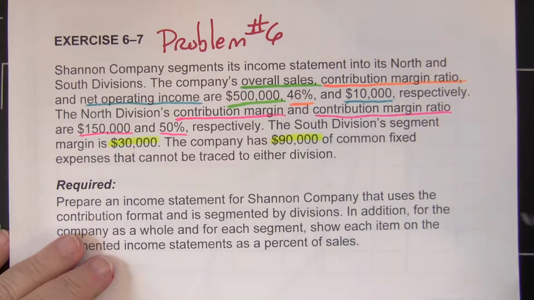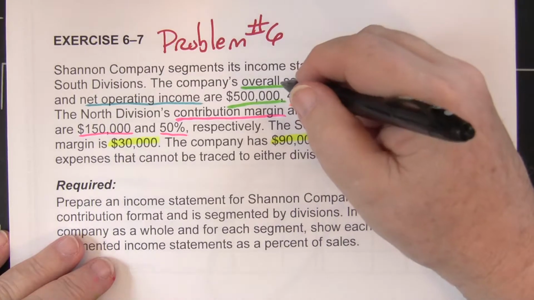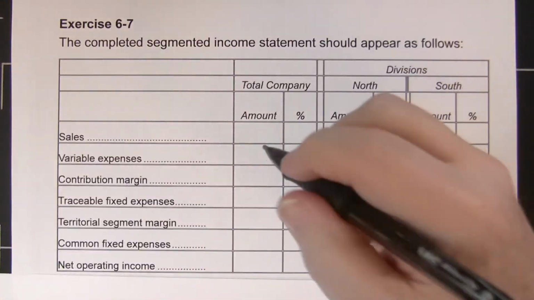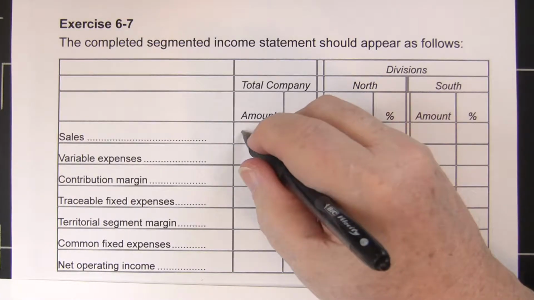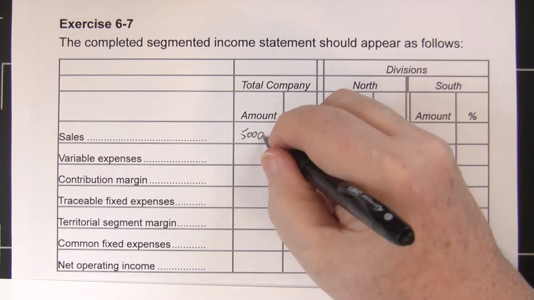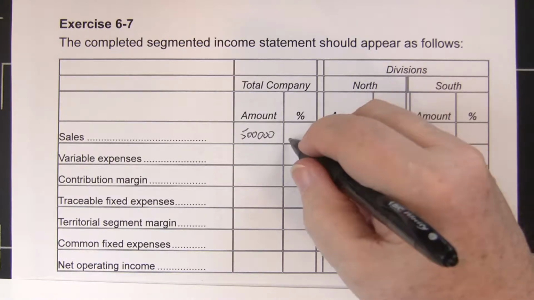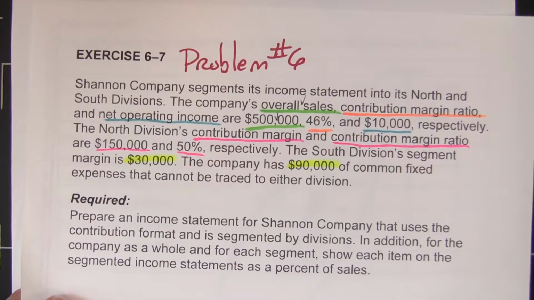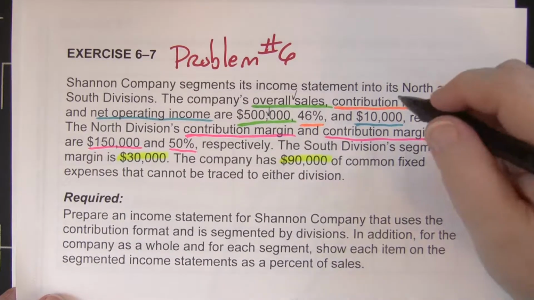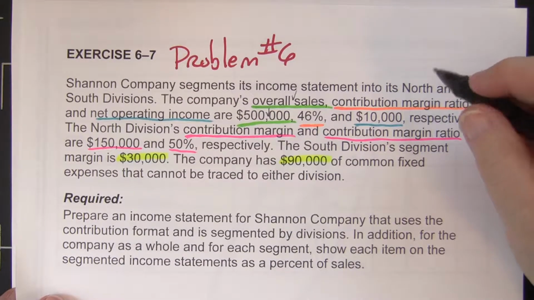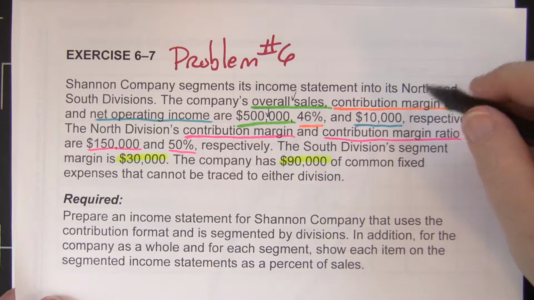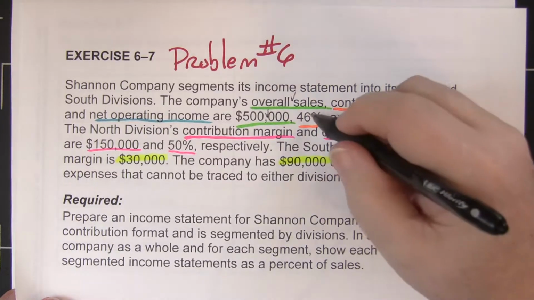So they tell us that the company's overall sales is $500,000. Okay, overall sales, total company, $500,000. That's 100% of sales. They tell us the contribution margin ratio is 46%.